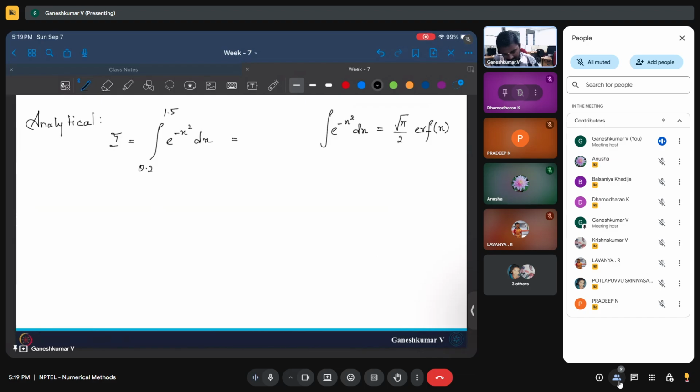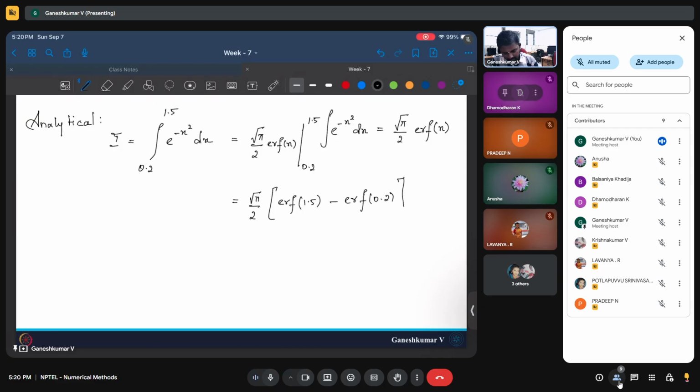So for example, if I substitute this, I can write it as square root of pi by 2 times the error function of x from 0.2 to 1.5. Your calculator will not have the error function. Maybe if your calculator is a bit advanced, you might have it, but you do not have an explicit definition for the error function. It will be like this integral. So if you substitute, this is going to be square root of pi by 2 times the error function of 1.5 minus the error function of 0.2.